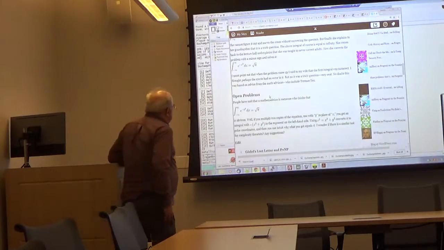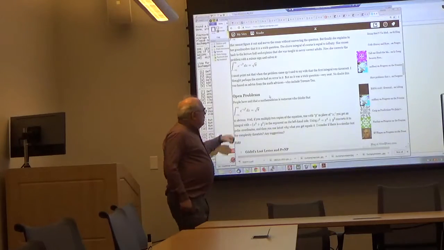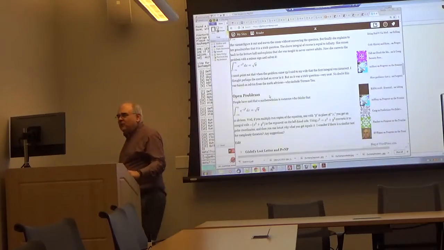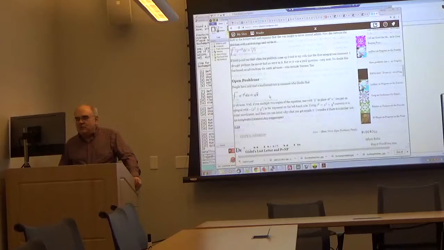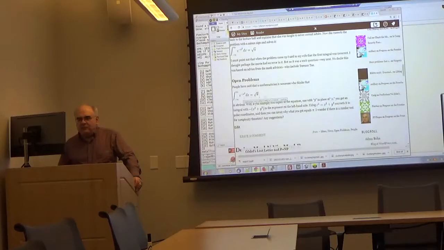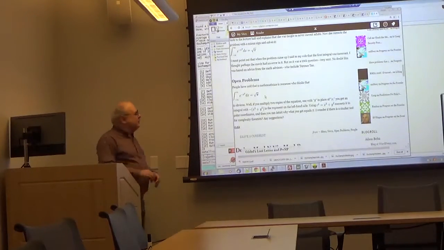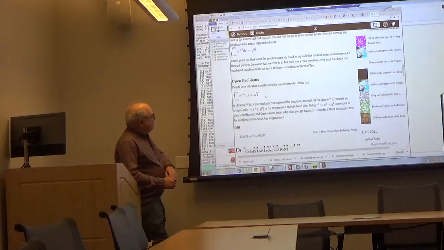So why should the formula come out this way? Well, I gave a little clue at the end: if you square both sides, you get the left-hand side equal to pi. You can square the left-hand side by multiplying the integral over x by the integral over another variable, y.